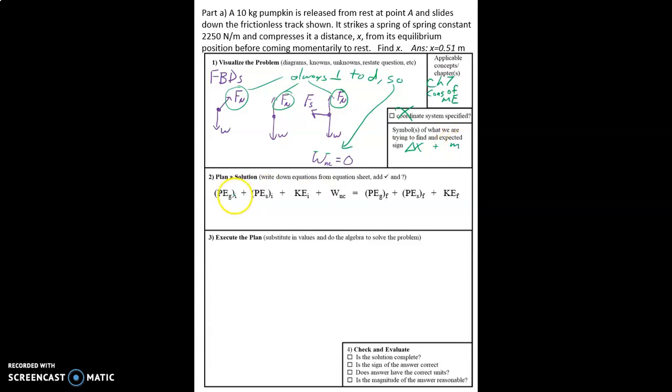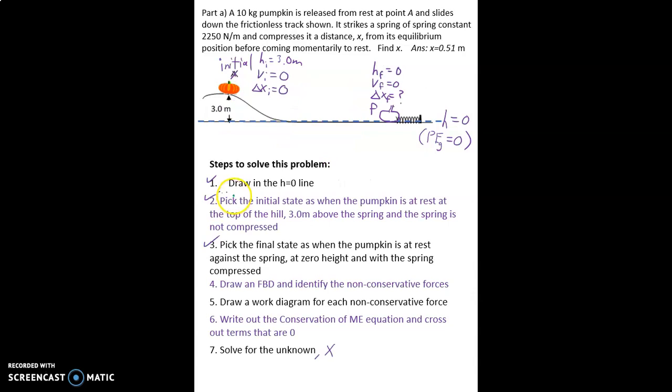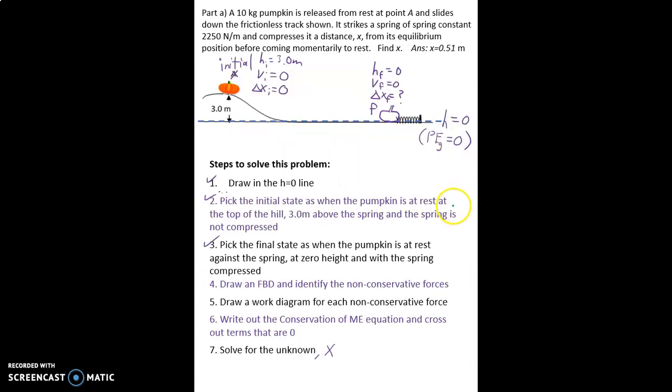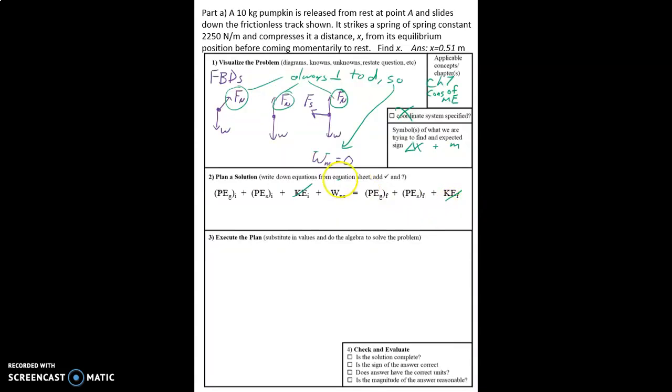Alright, so we're going to use this conservation of mechanical energy equation based on our diagram on the last slide. We know that the velocity initial and final are 0, so we can get rid of the kinetic energy, initial and final. We also know that initially there's no spring energy. We can get rid of that.